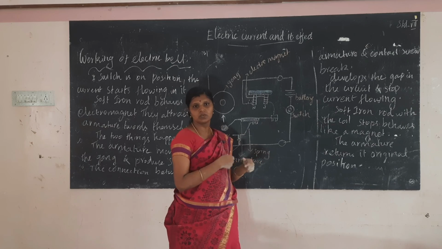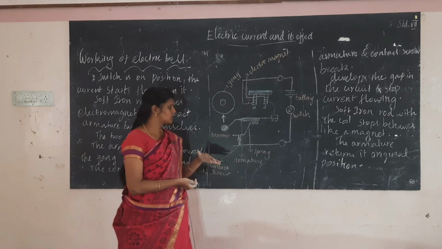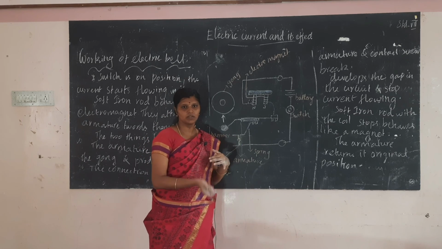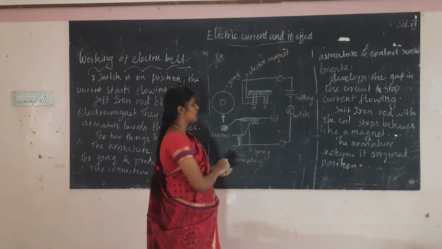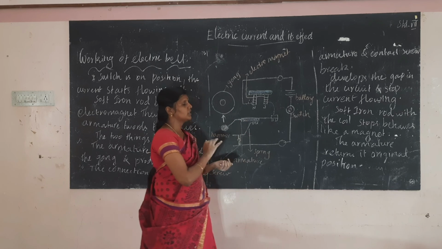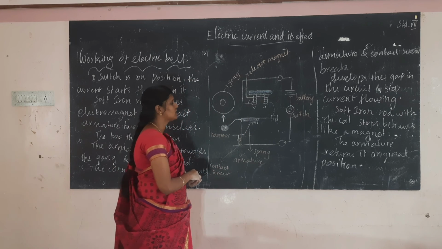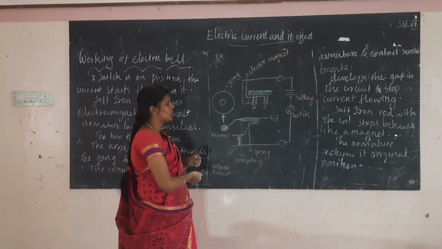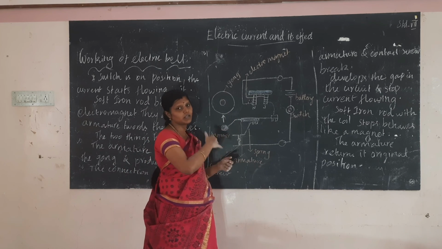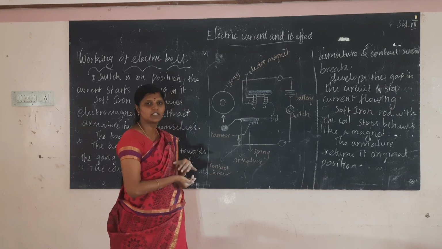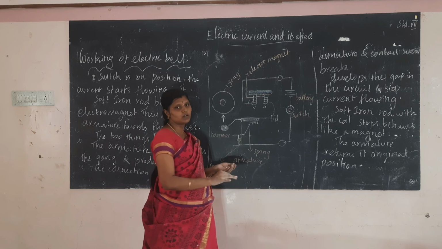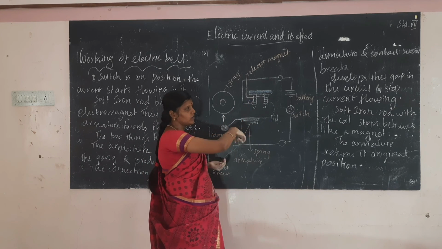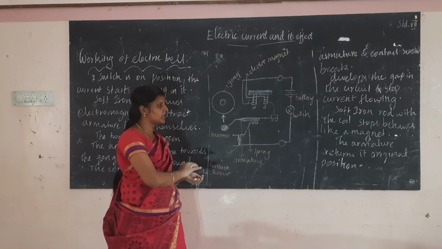Then when we switch off, the current does not flow in the circuit. So the soft iron rod with the coil stops behaving like a magnet, because only when current flows does the iron rod behave like an electromagnet. When we switch off, the soft iron rod stops behaving like an electromagnet.